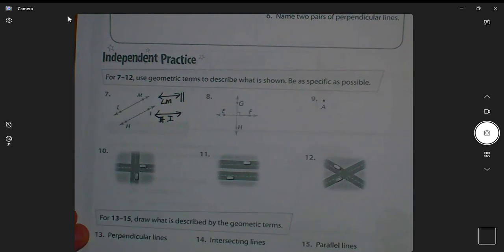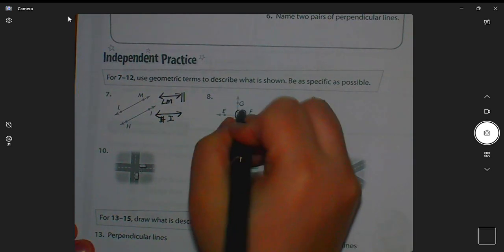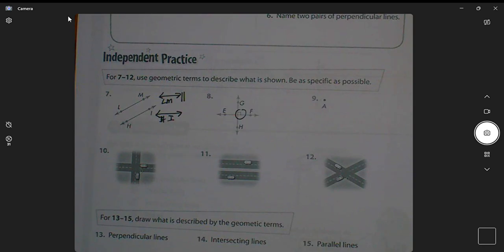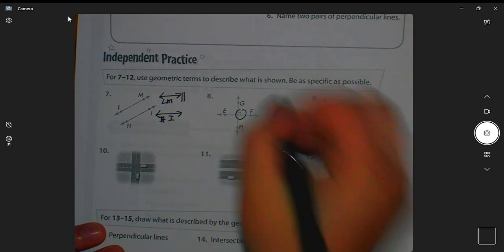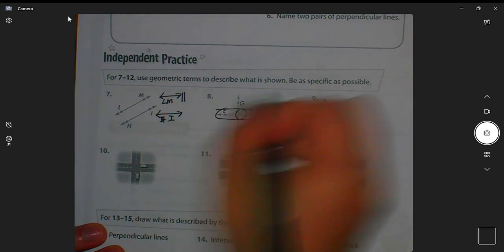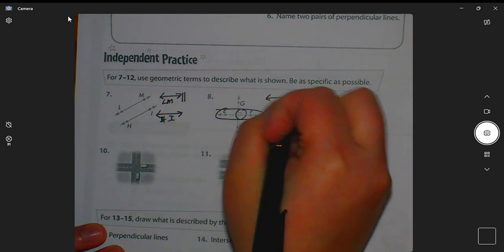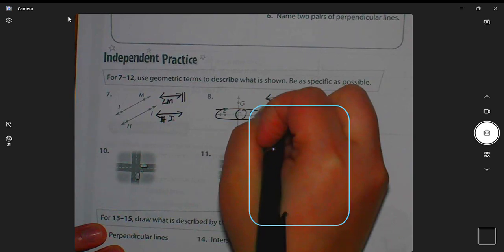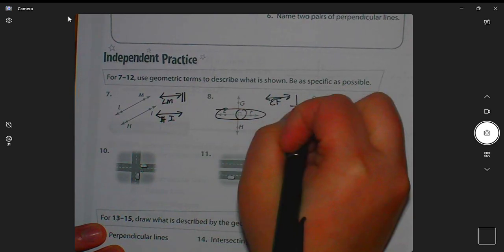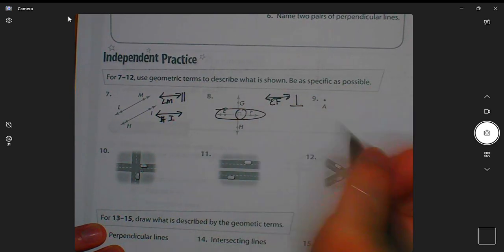Now, number 8. Does number 8 have anything that might give it away? Yes. I see the tattletale too. Good job. You've got really good eyes. So, I'm going to start off with this line. I'm going to say line EF is perpendicular. That's what that little symbol means.